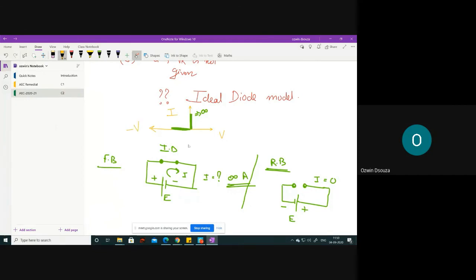This is your negative voltage axis. So I is equal to 0 amperes in reverse bias, and I is equal to infinite amperes in forward bias. So this is your ideal diode characteristics. All right, fine.